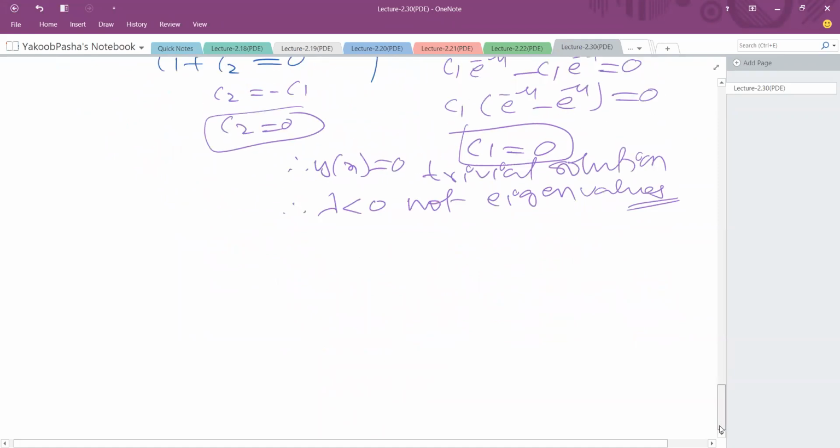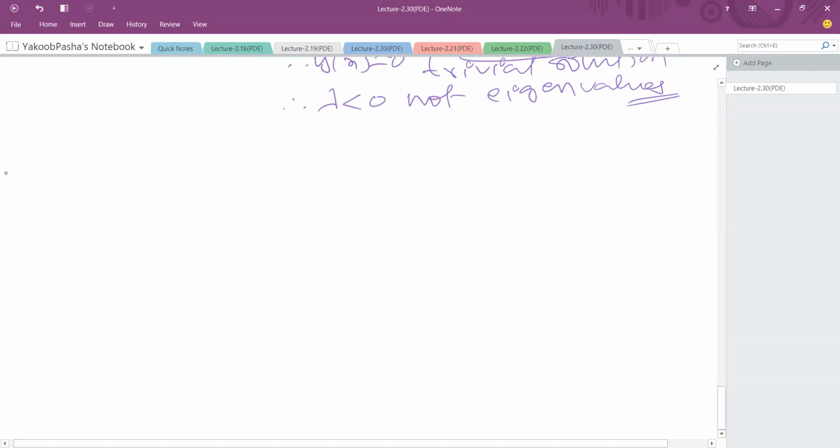Now we have another case, that is lambda is a positive number. If lambda is a positive number, in this case lambda is equal to mu square, for any value of mu, either positive or negative. Lambda is always a positive number. In this case, the differential equation is in the form of y double dash plus mu square into y is equal to 0.